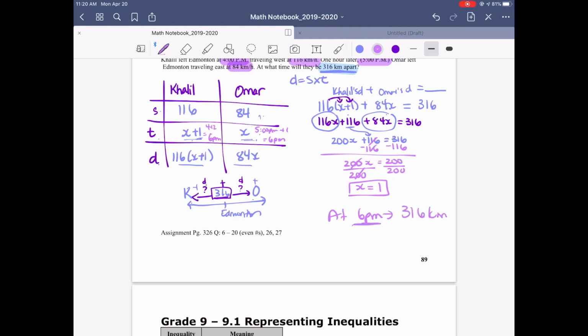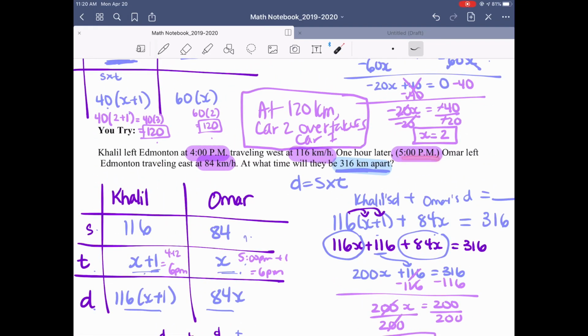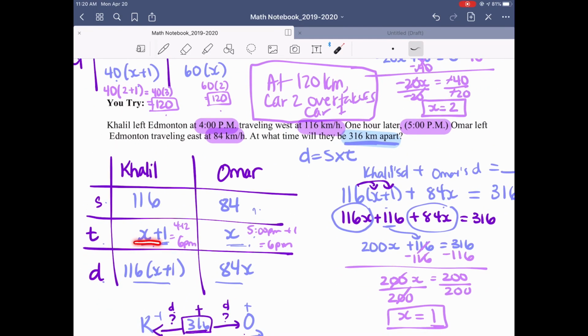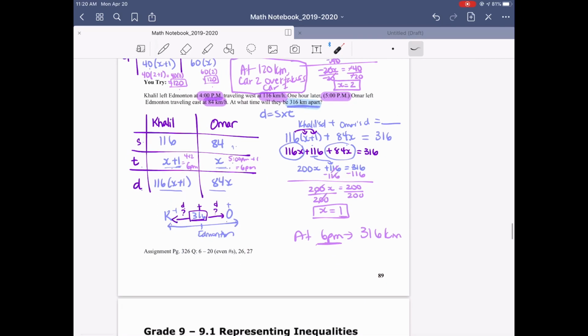Okay, so one hour after Omar leaves, they will be 316 kilometers apart. And Omar left at 5, so 1 hour later is 6. And then Khalil is 1 plus 1, which is 2. So 2 hours after 4 is also 6.